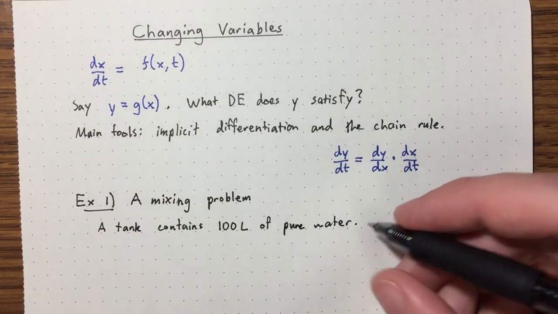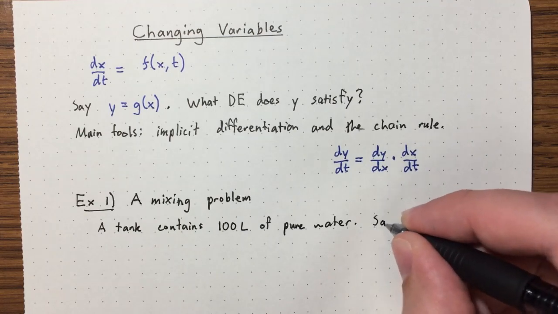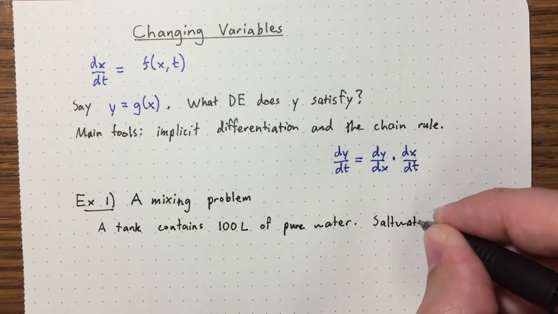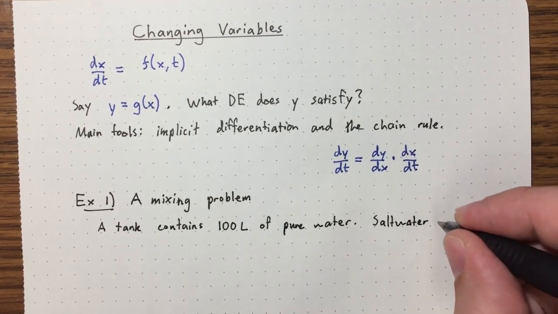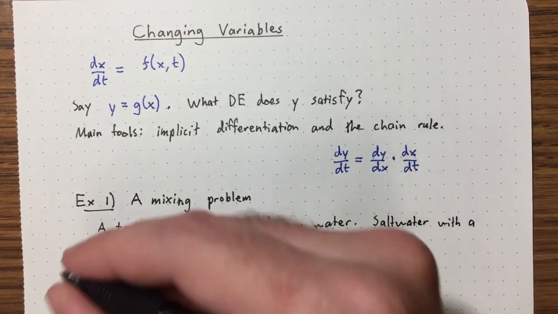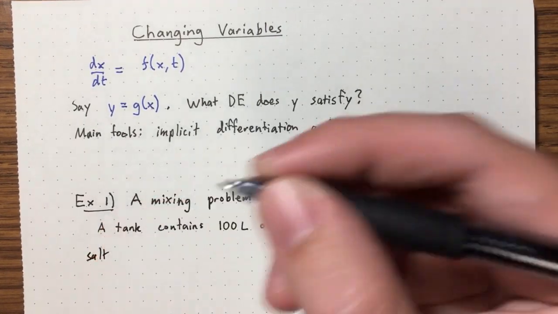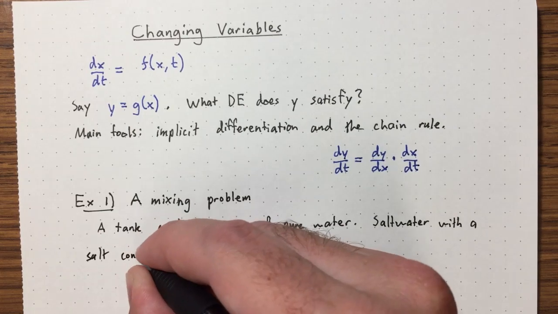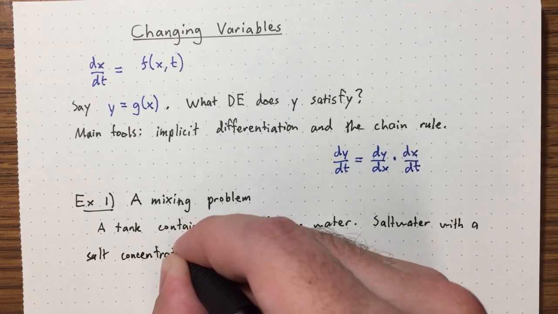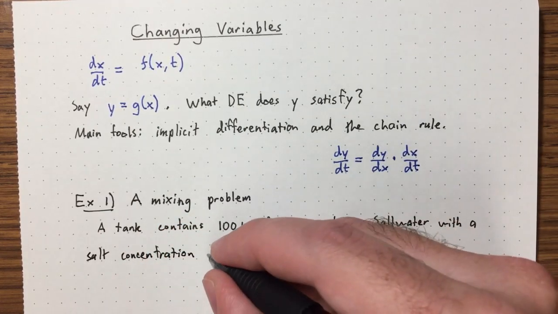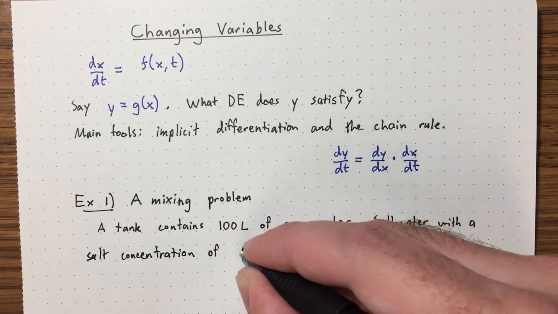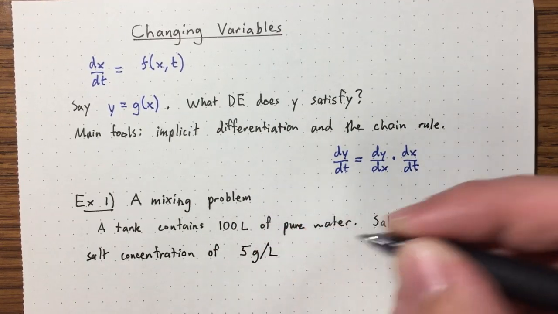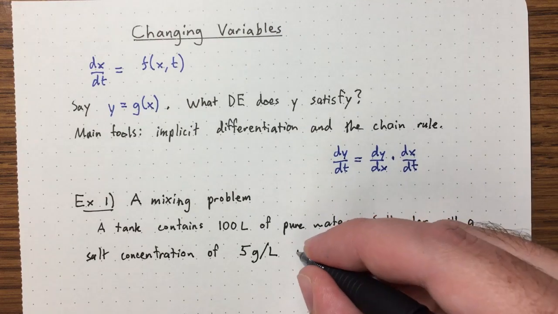And then we're going to introduce salt water. Salt water with a salt concentration of, let's say, 5 grams per liter is pumped into the tank.